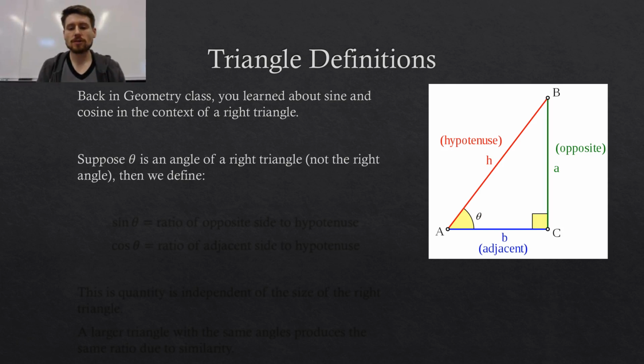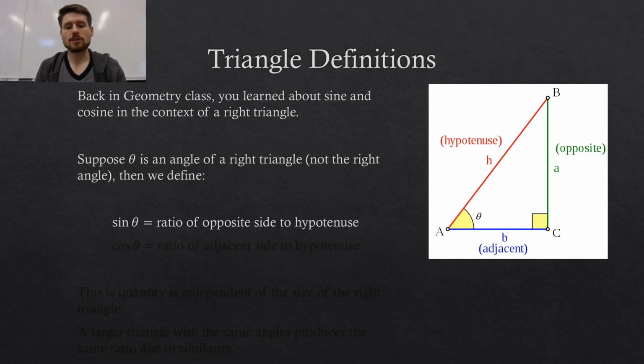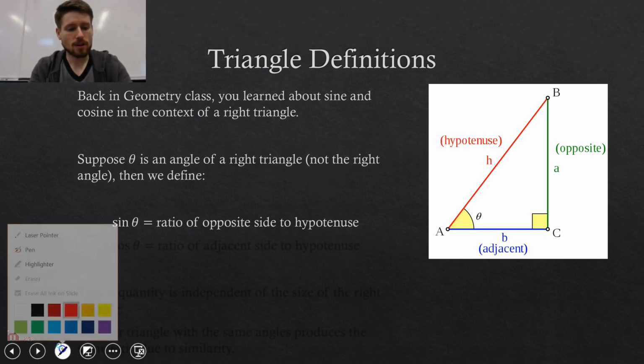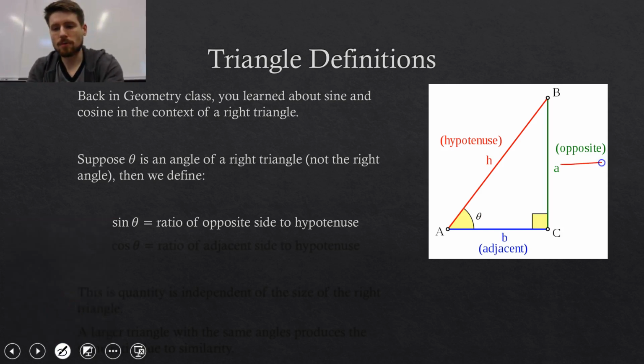Suppose you've got an angle in the right triangle that is not the right angle, so one of the two other angles. Then you define sine of theta as the ratio of the opposite side to the hypotenuse. Another way people write this is sine equals opposite divided by hypotenuse.